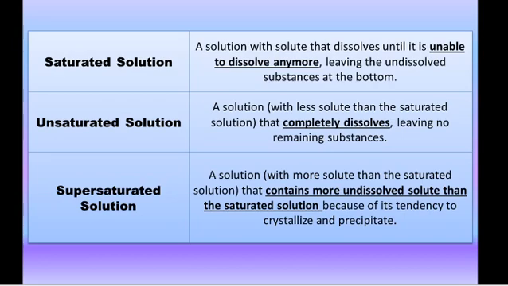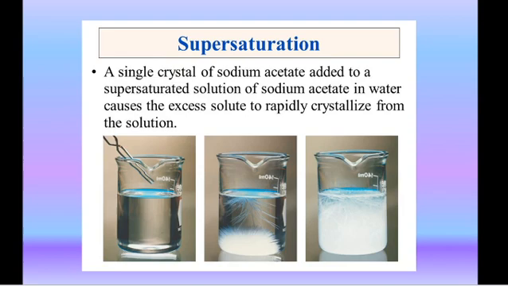That is called a supersaturated solution. Just see an example of supersaturation: a single crystal of sodium acetate added to a supersaturated solution of sodium acetate in water causes the excess solute to rapidly crystallize from the solution.